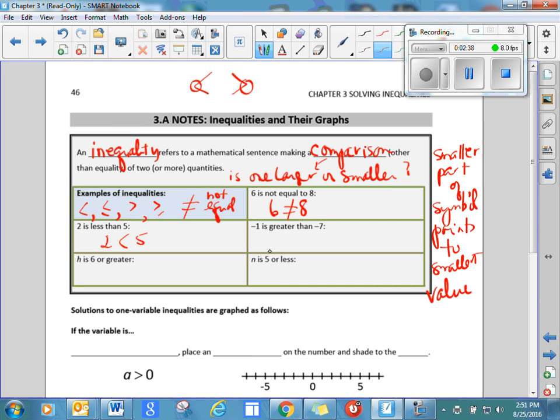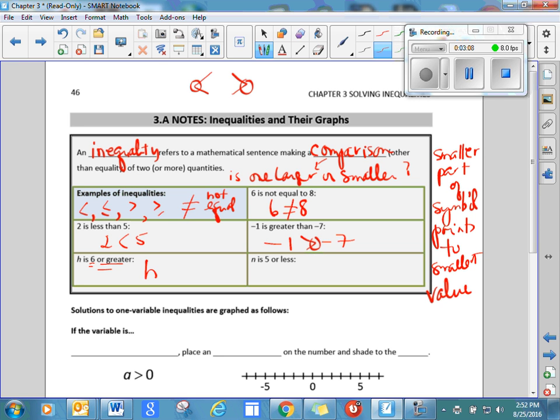So let's fill this in. -1 is greater than -7. So the smallest part of the symbol is pointing to the smallest value. Remember, on a number line, -1 is closer to 0 than -7, so it is indeed a larger number than -7. H is 6 or greater, so it can be 6 or it can be larger than 6 to be part of our party.